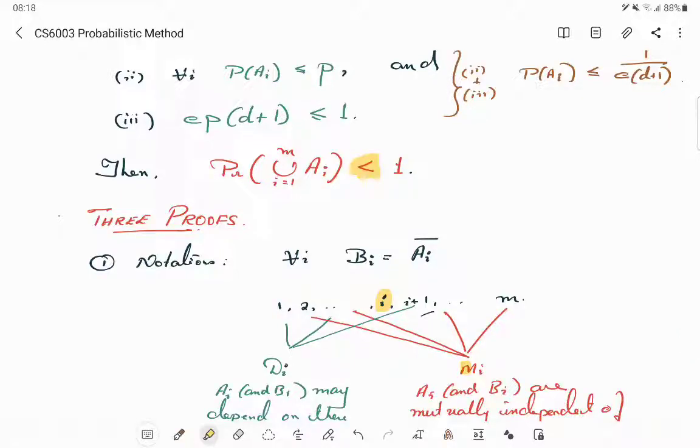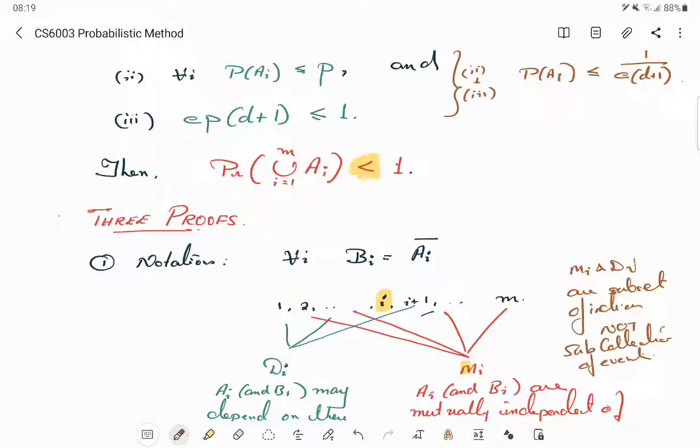So remember two things about Mi. Mi is a subset of indices, not a subcollection of events, okay? So remember that also. Both Mi and Di are subsets of indices, okay? Not a collection of events, not a subcollection of events. Otherwise, some notational confusion will arise.